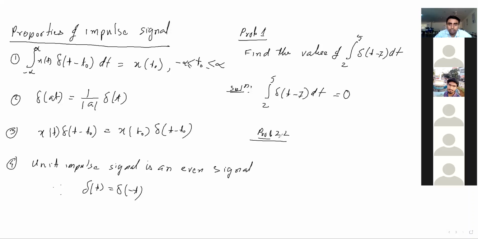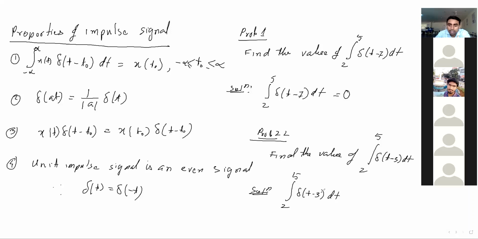Problem 2. Find the value of the integral from 2 to 5 of δ(t − 3) dt.